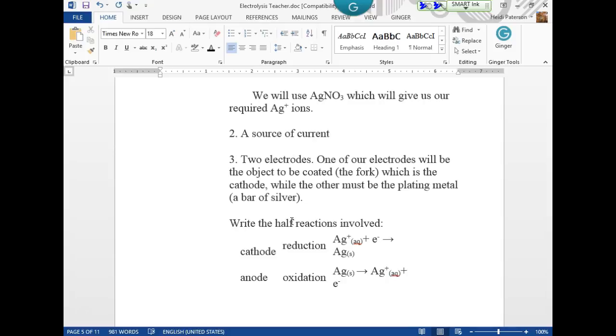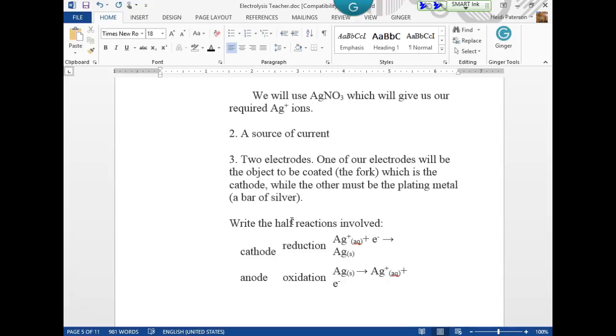The second electrode needs to be what you're plating with. No, we're not going to plate with your coffee cup, because it's aluminum. Aluminum conducts very poorly.